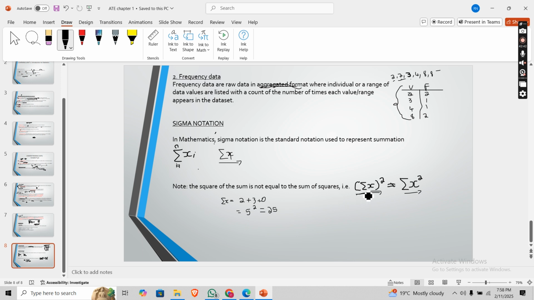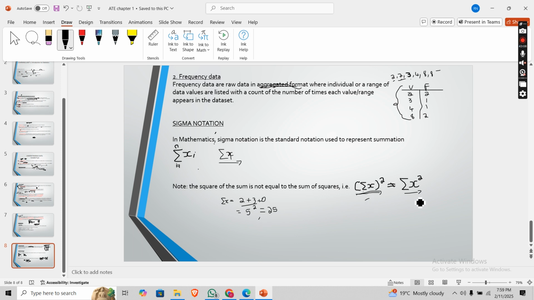So this is the square of the sum. You sum up the values and then you square the answer to the summation.